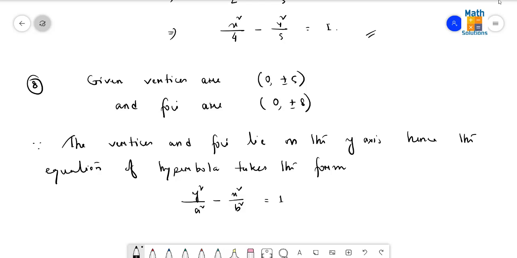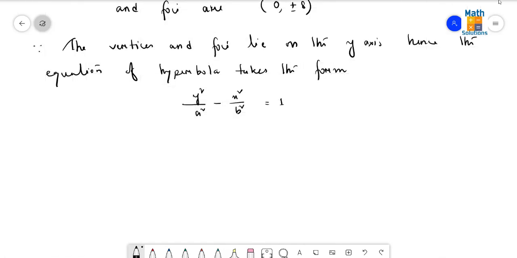And we are going to mark this as 1. This equation to be marked as 1. Now from the vertices, we get, what do we get?